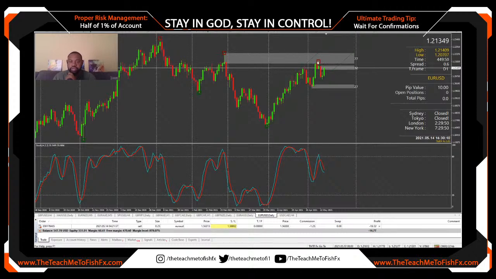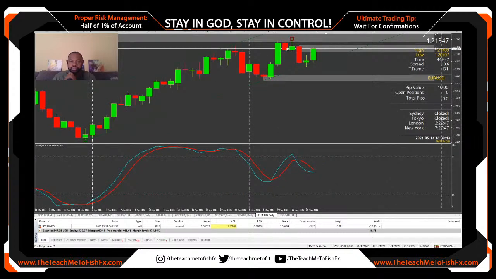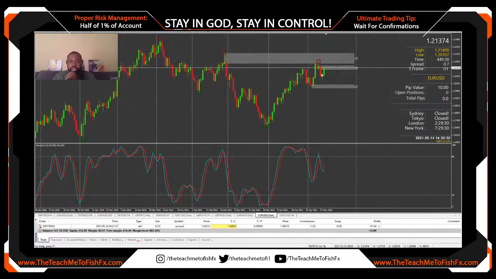It gave us a bearish day here, came back in and was rejected off of this bullish day. Then we got a bearish engulfing candle. However, the trend line is being respected, so we may get another push into here.